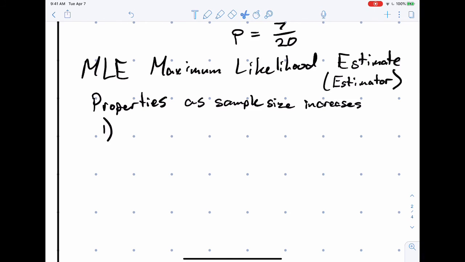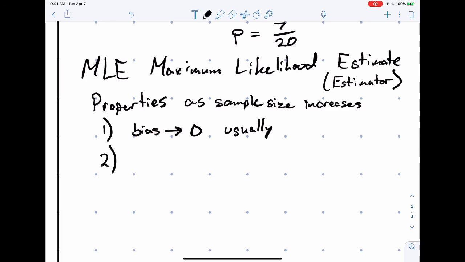So the MLE is the maximum likelihood estimate or estimator, and the reasons we like it are as follows. As we increase the sample size, so as we observe more and more data, we get better and better maximum likelihood estimates. So one nice property is that the bias goes to 0 usually. Important caveat, usually goes to 0.